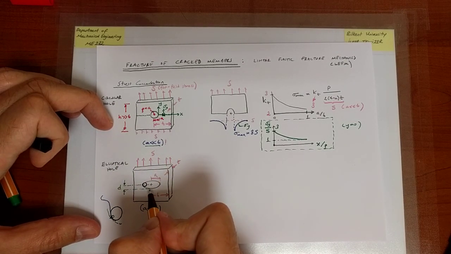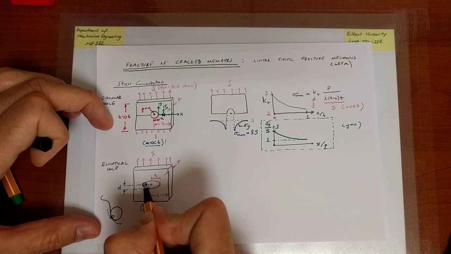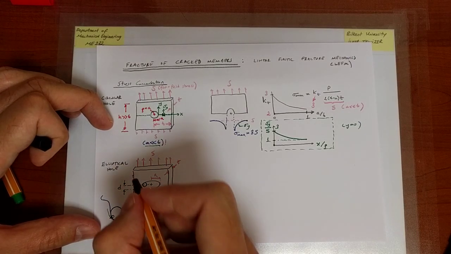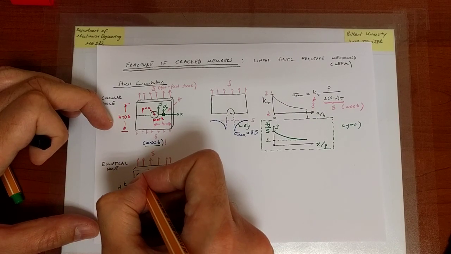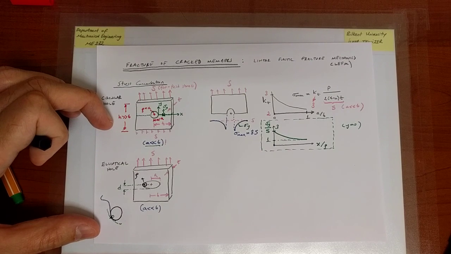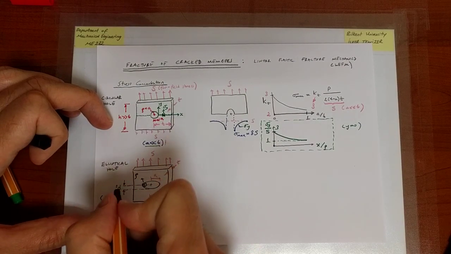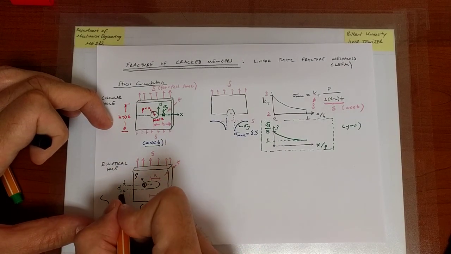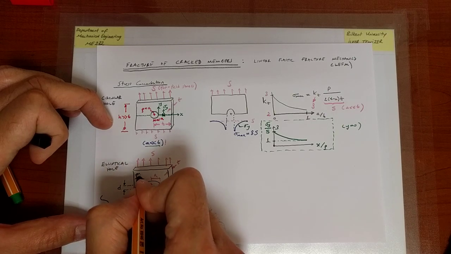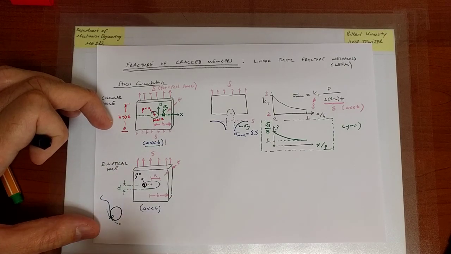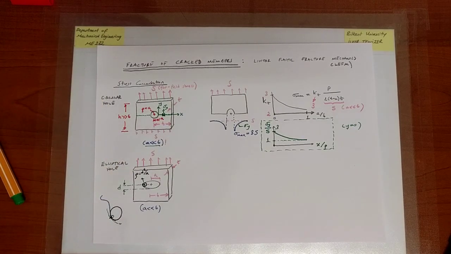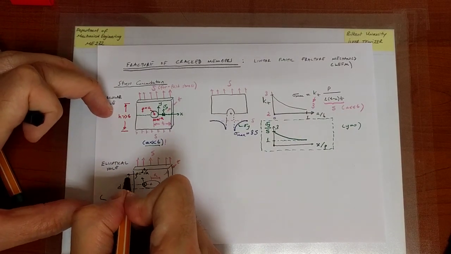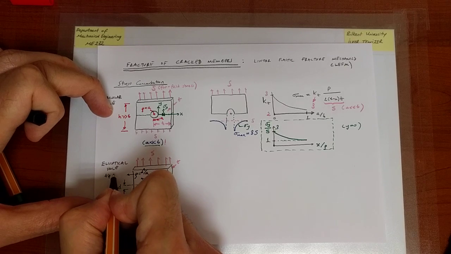There's only one hole here, and that's the elliptical one, but I'm trying to fit a circle to the tip of the ellipse, and that circle, let's say, has a radius rho. It turns out that that radius rho can be calculated in terms of the major and minor radii of the ellipse, and it is given as D squared over A. And that is called the tip radius.